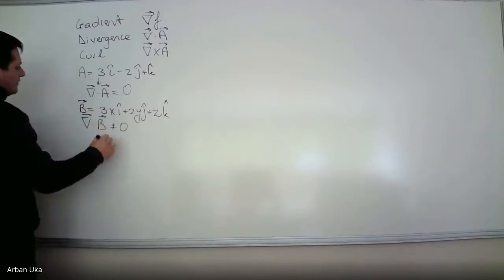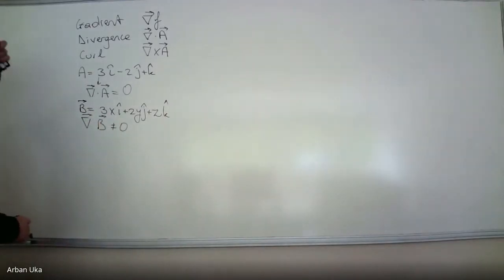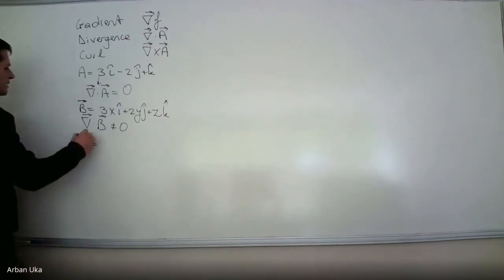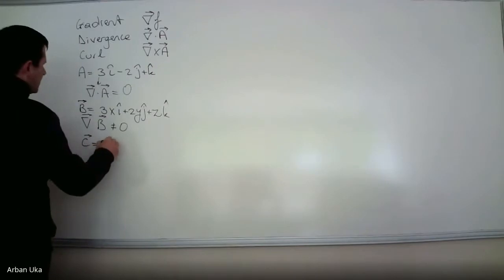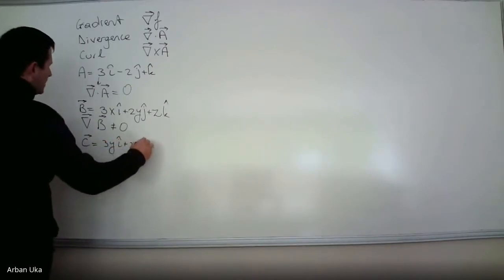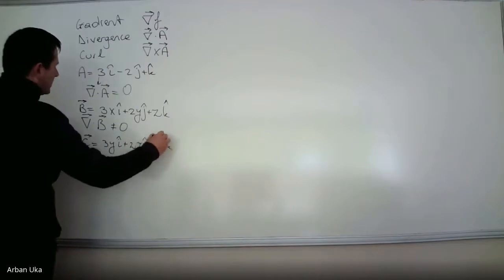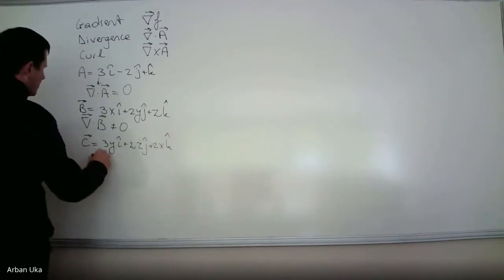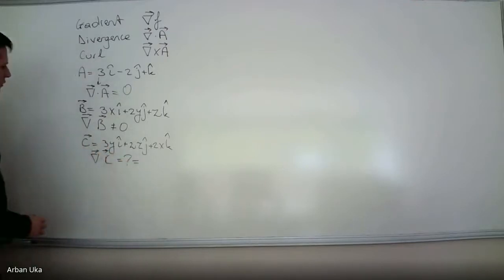But in this case, we can easily say that this is different from 0. But if you have any vector C, which can be written as 3yi plus 2zj plus 2xk, what is the divergence of C? What can we say here?